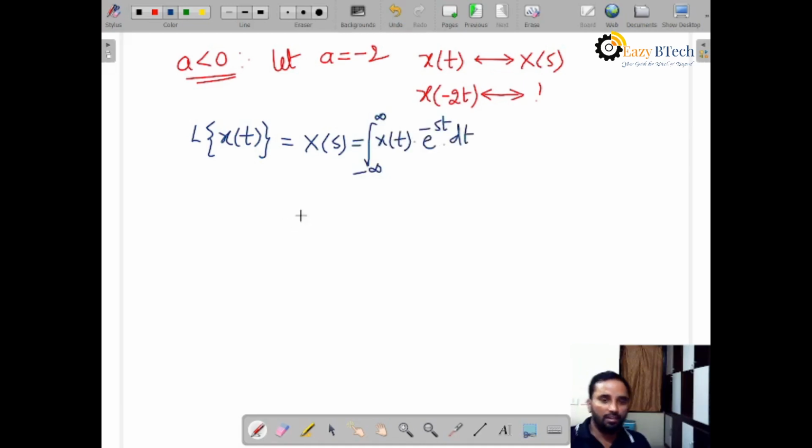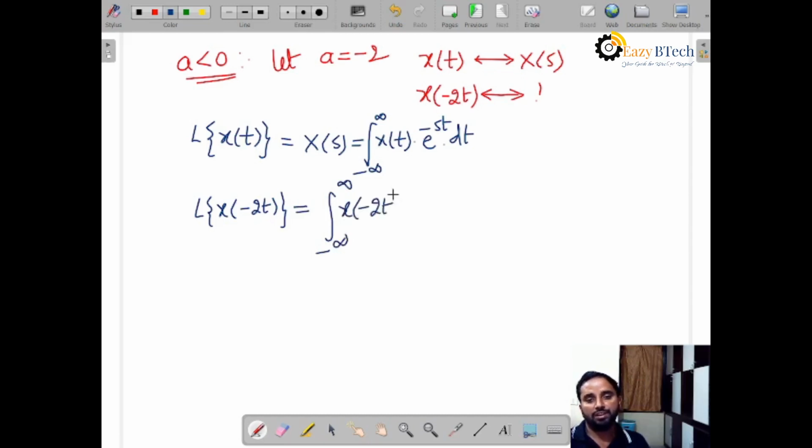Then we want the Laplace transform of x(minus 2t), which is the integral from minus infinity to plus infinity of x(minus 2t) e to the power minus st dt.